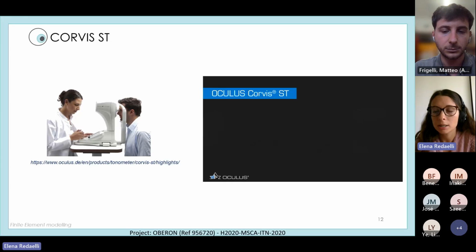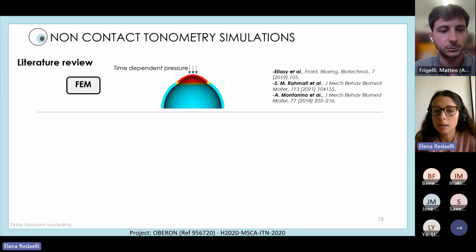So we have two parts, a fluid part that is the air reaching the eye, and a structural part that is the eye. So to simulate the non-contact tonometry, some authors in literature used finite element modeling, simulating the air as a time-dependent pressure, so without modeling the fluid.